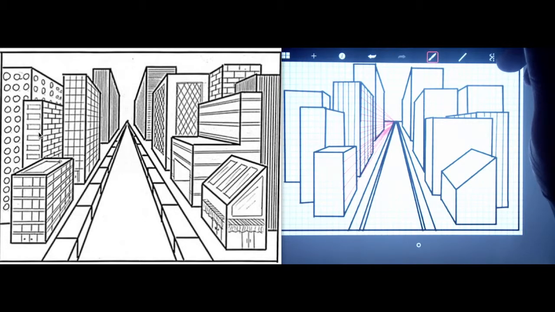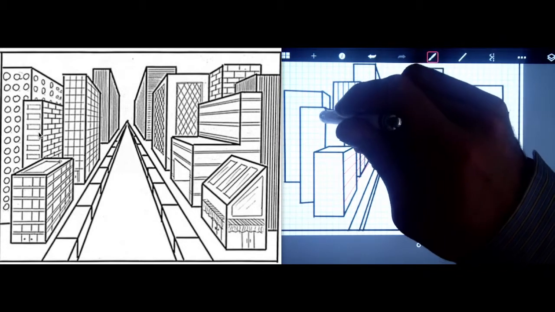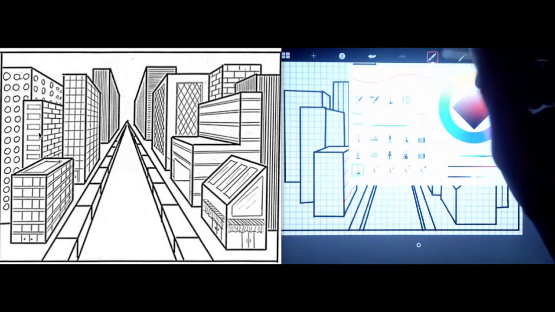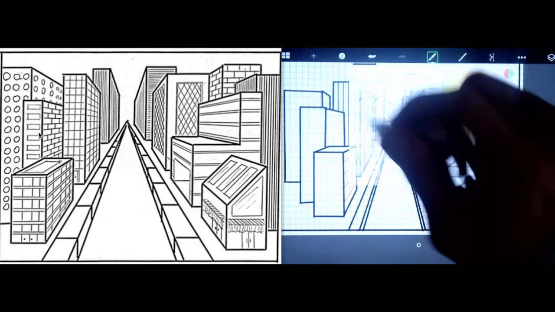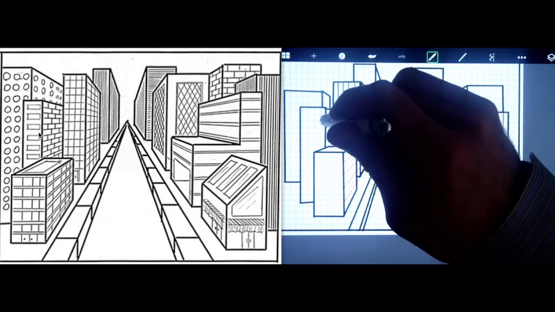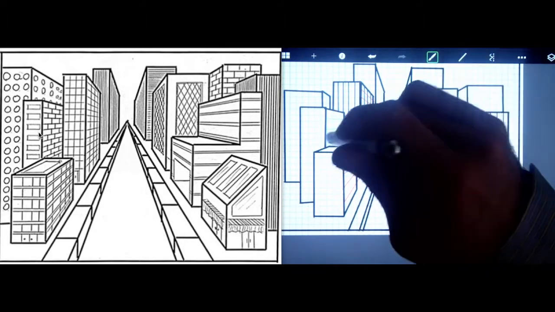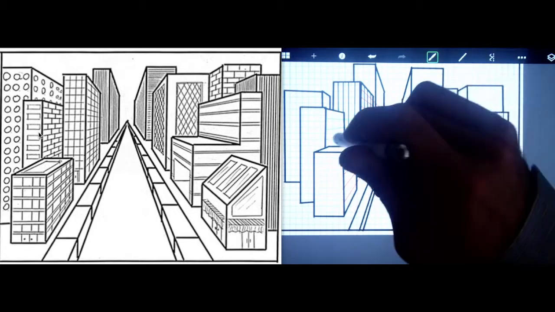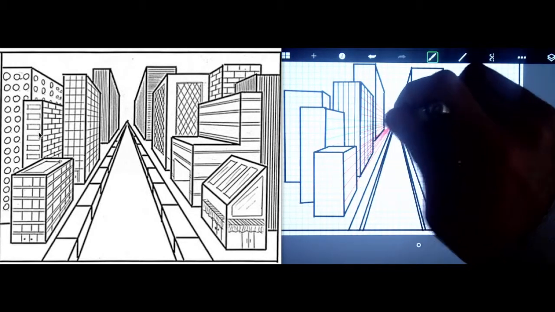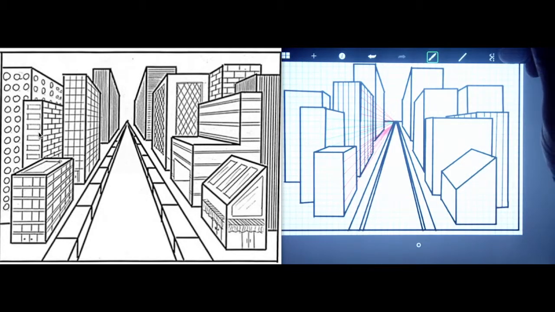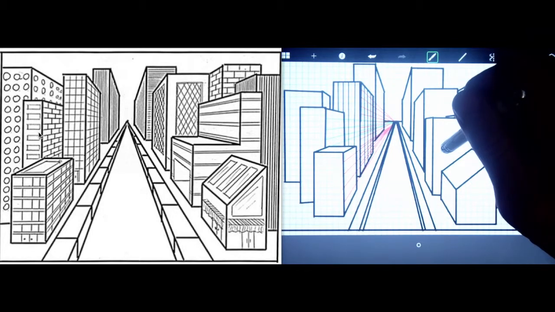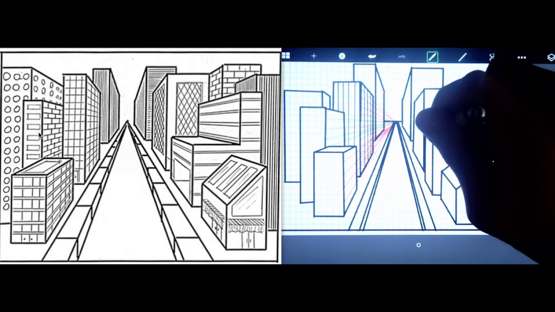Now for this building, allow me to add some lines on the side of it. But let me change colors. I'll go to green. And let me do this large building on this side, also in green.